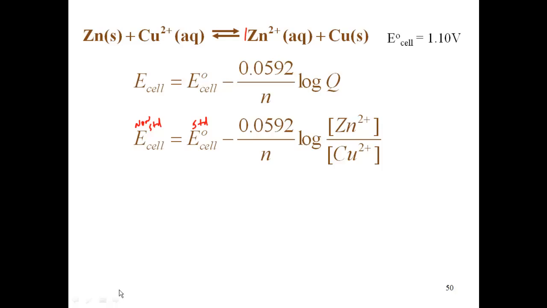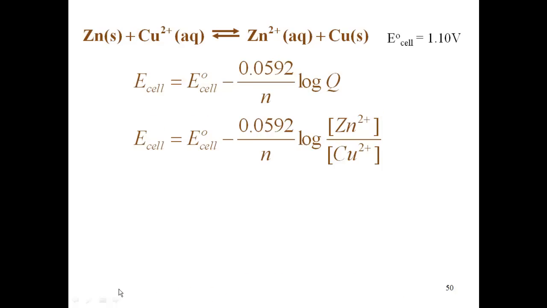Then you have copper solid. Solids have an activity of 1, so it's not part of the expression, divided by your zinc solid, which has an activity of 1, divided by your copper 2+ ion concentration, which also has a coefficient of 1, so it's to the first power. Both cases, it's to the first power.